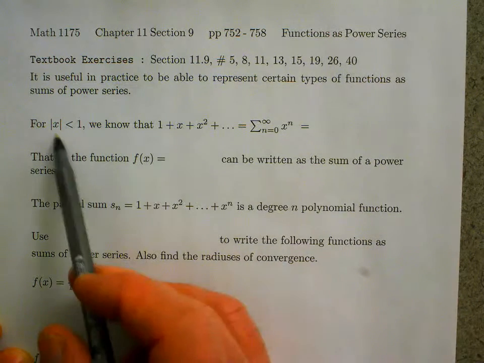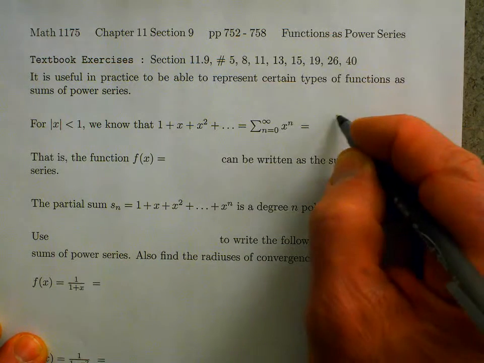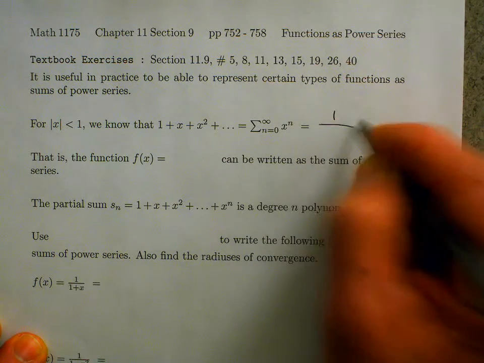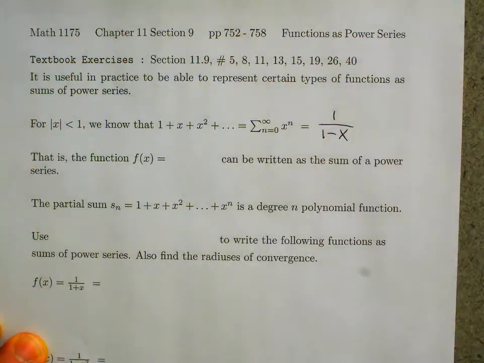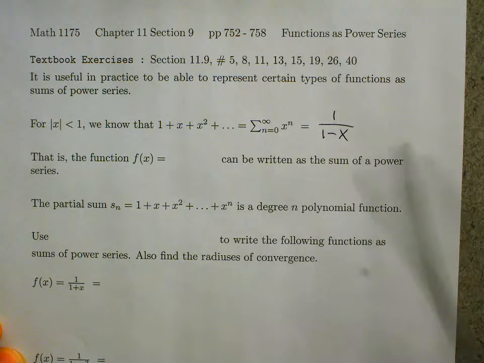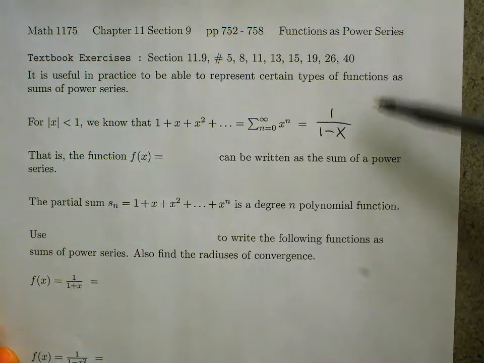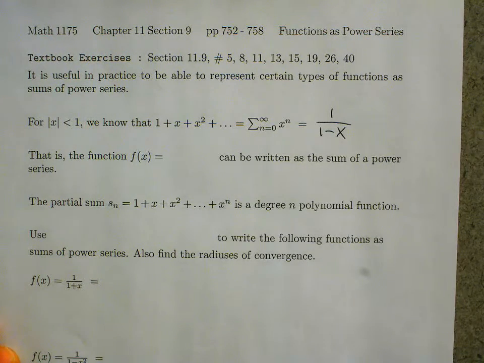And when the absolute value of x is less than 1, the sum is 1 divided by 1 minus x. So x is a variable, but x is the common ratio for this geometric series, and so it converges to 1 over 1 minus x.